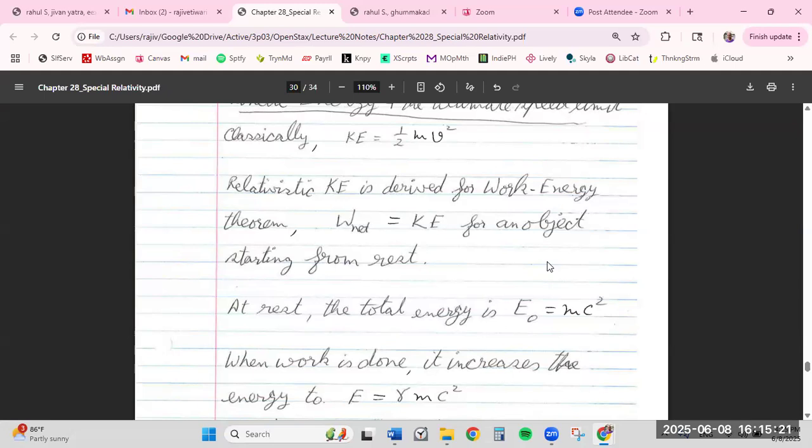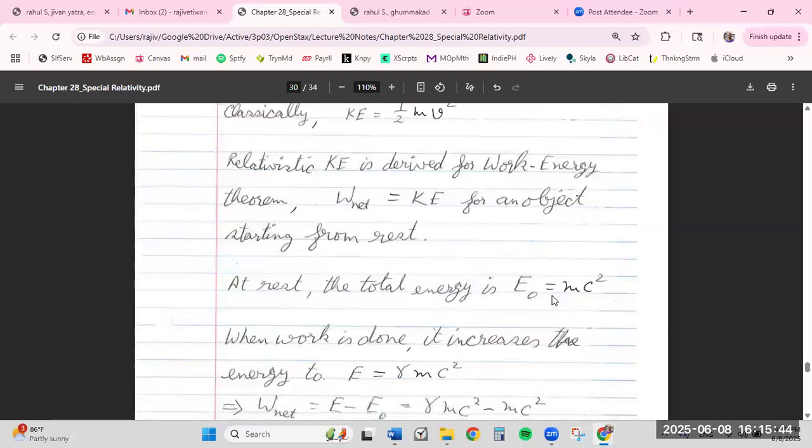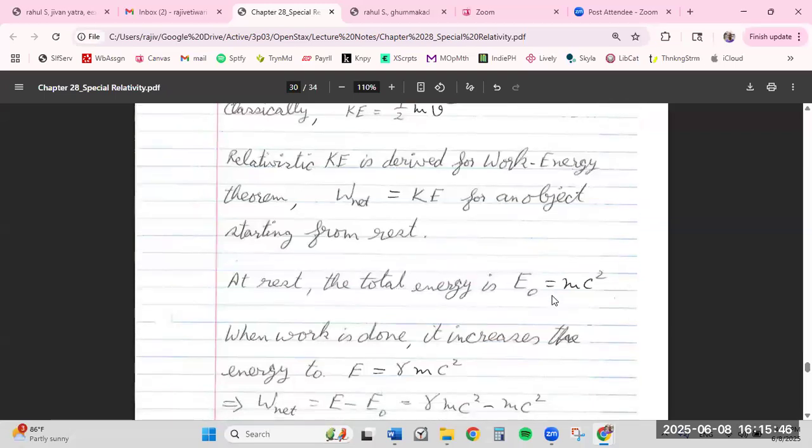The work energy theorem basically says that if you do a certain amount of work on an object, its energy changes by that amount, by the amount of work that you do. So if you do positive work of 5 joules, the energy would increase by 5 joules. If you do a negative work of 5 joules, the energy would decrease by 5 joules. So that's the essence of the work energy theorem.